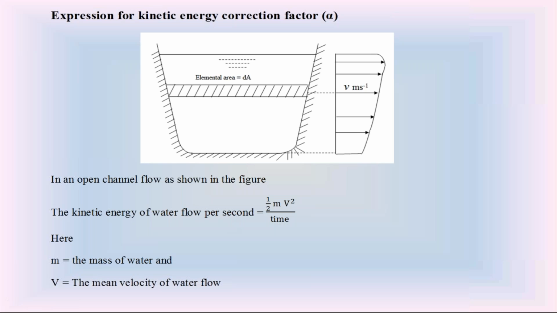Now coming to the right hand side. Here m is the mass of flowing water, and v is the mean velocity of water flow. We are using that mean velocity to find this kinetic energy, so it is not the actual kinetic energy, since we are using the mean velocity, not the actual velocity.